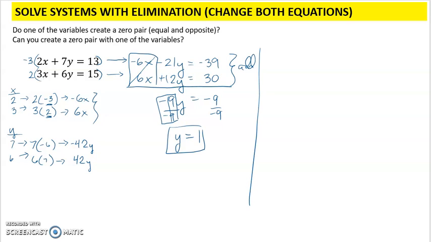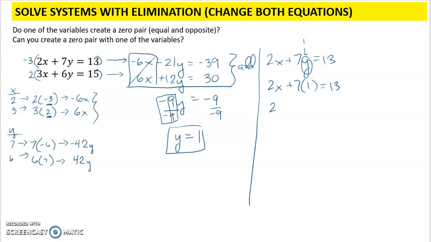All right, so now that we have y, now we can plug that into either one of our equations and find our x value. So I'll just go ahead and plug in that first one. So 2x plus 7y equals 13. Wherever y is, we swap it out with 1, right? So we're going to take out that y. So 2x plus 7, parentheses for multiplication, times 1 equals 13.